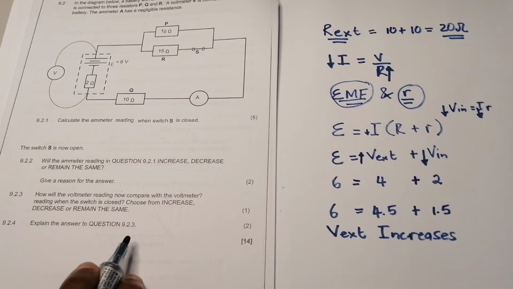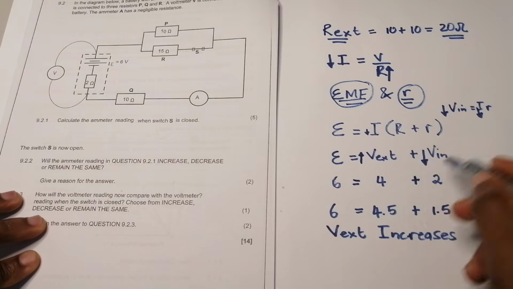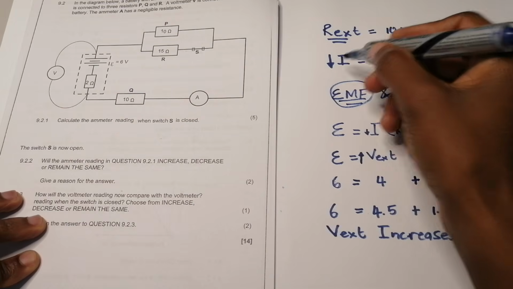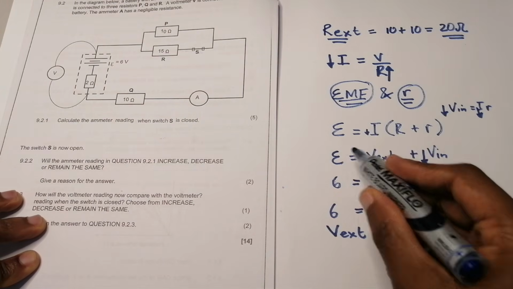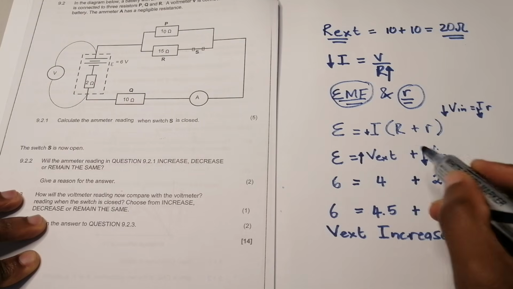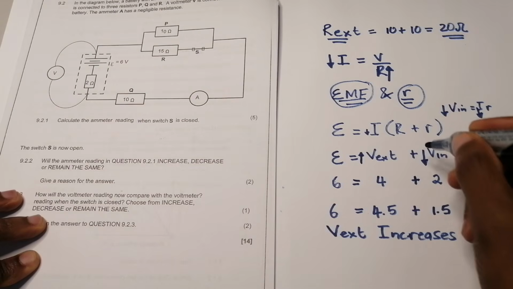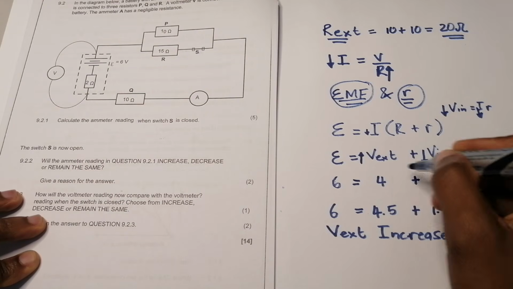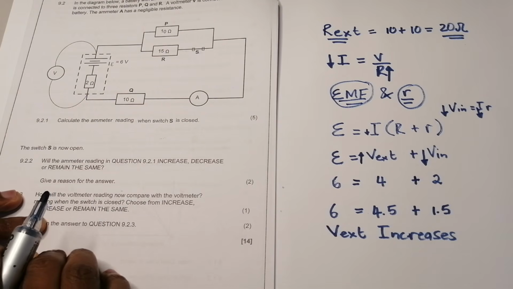How I always try to answer that is by using exactly the equations that we had. We've just found out that current has decreased, but because EMF remains constant, V internal will decrease, and as a result V external will increase. Exactly in that order.